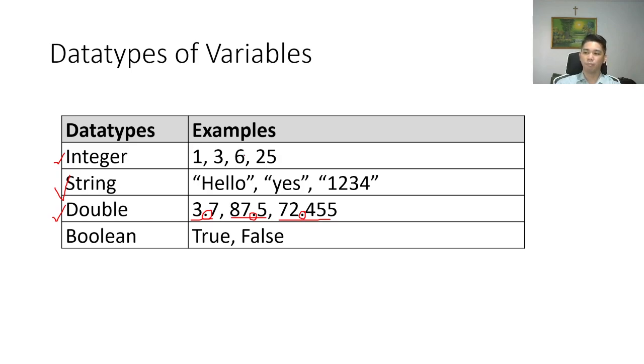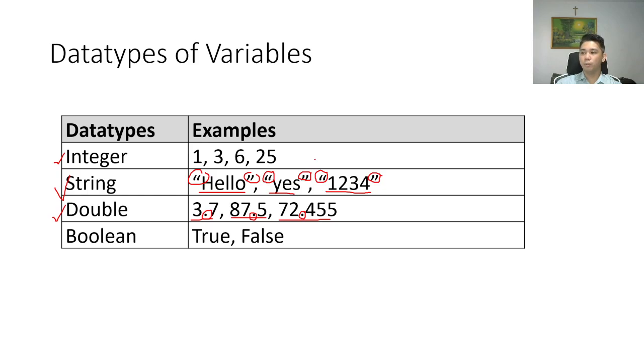Like the word hello, the word yes, the alphanumeric characters 1, 2, 3, 4. And if you will notice, all of them, they have quotation marks. So when you see, in programming, these quotation marks, it means that the value's data type is string.